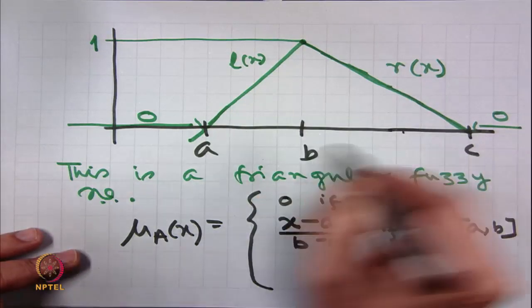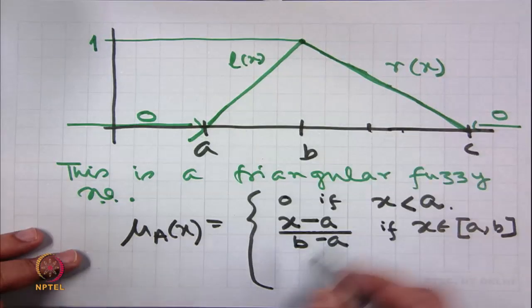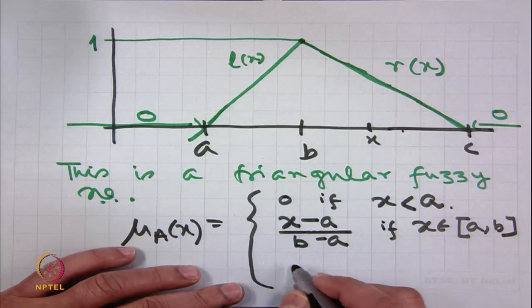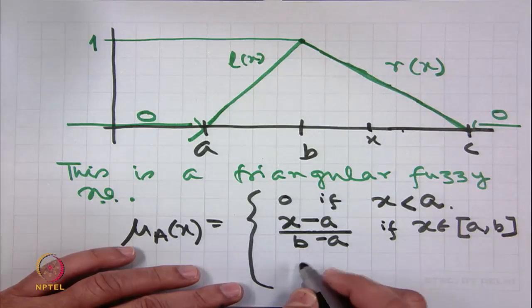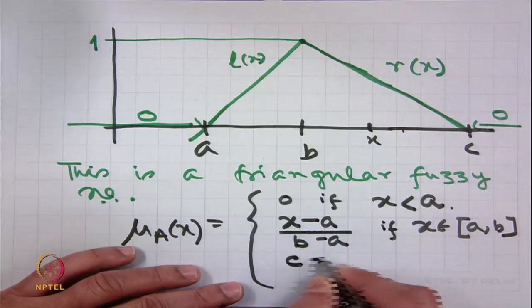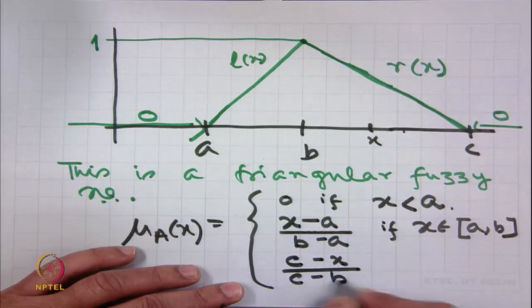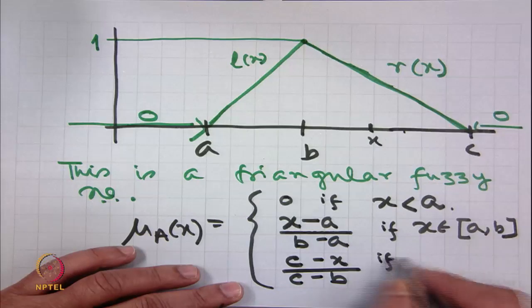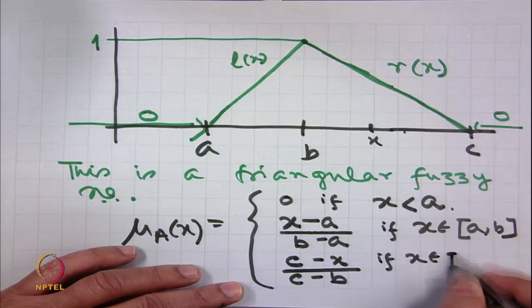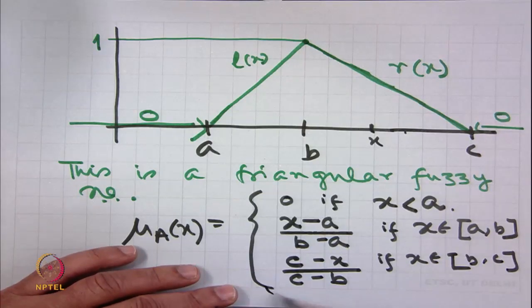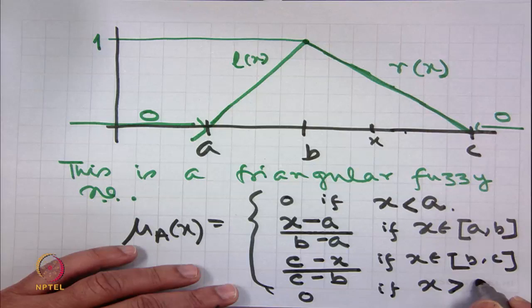In this interval, for an arbitrary x, the membership can be found as (c minus x) upon (c minus b) if x belongs to [b, c], and 0 if x is greater than c.